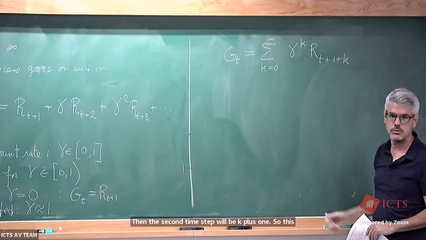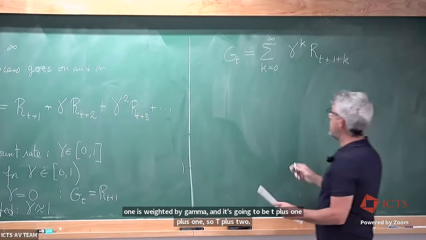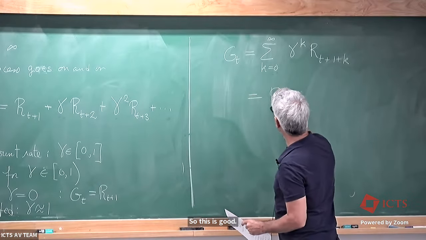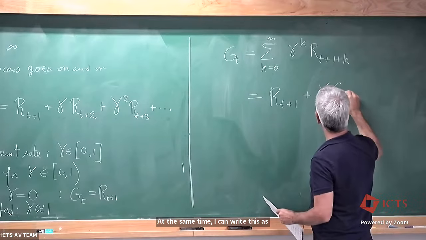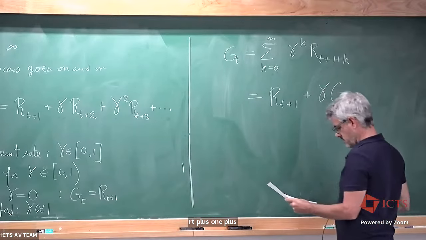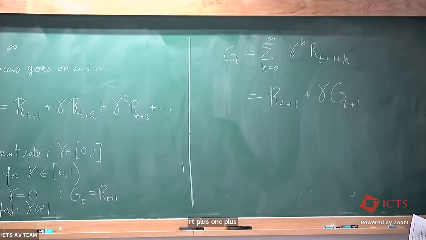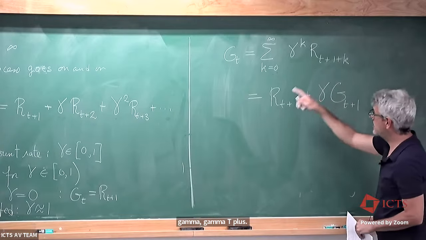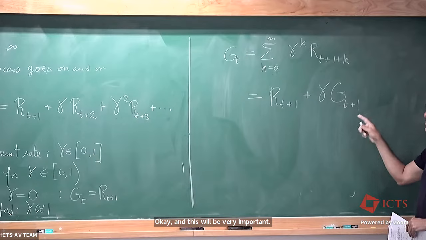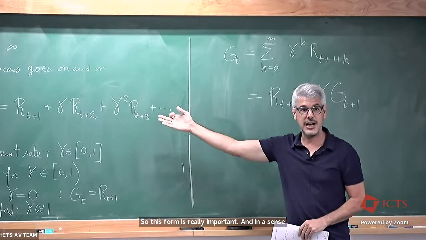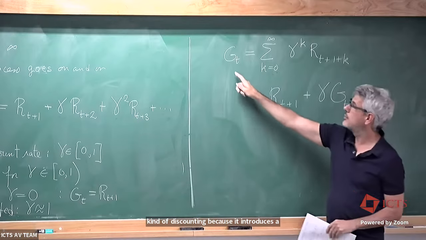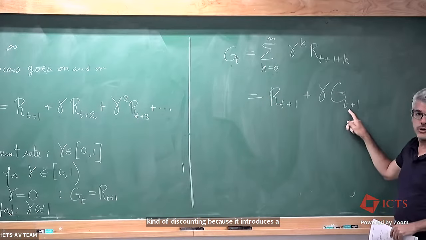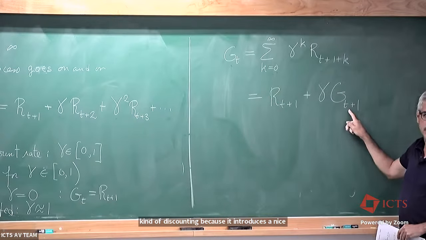So this is good. At the same time, I can write this as R t plus 1 plus gamma times G t plus 1. Okay, and this will be very important. So this form is really important, and in a sense, it explains what I'm using this geometric kind of discounting because it introduces a nice structure between the return at time t and the future return at time t plus 1.